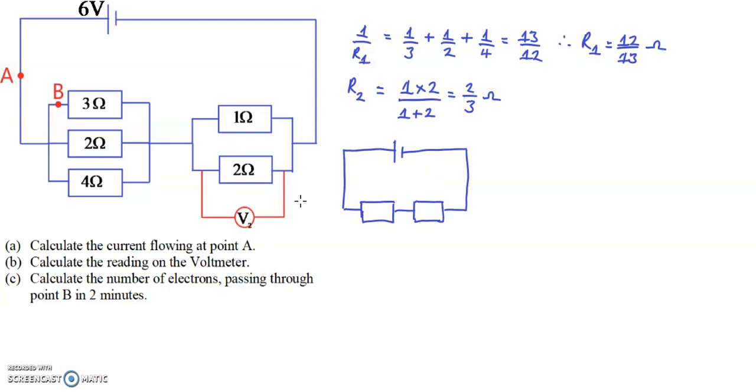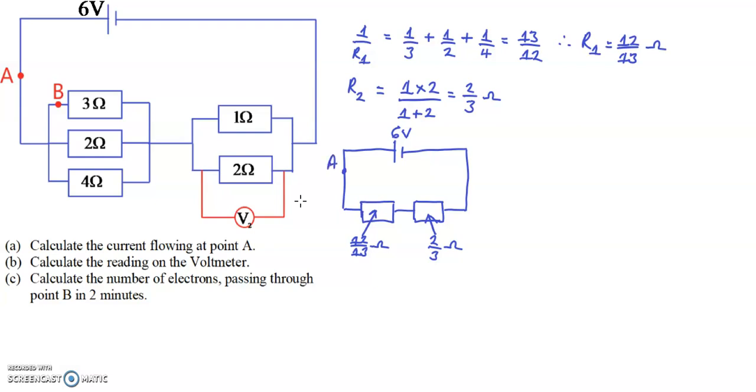So this resistance will be 12 over 13 ohms, and this resistor 2/3 ohms. And we've got the cell voltage still as 6 volts. So using this equivalent series circuit, it is now possible to find the current flowing at point A here.